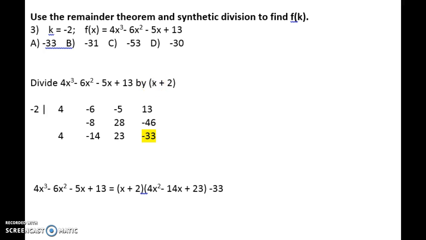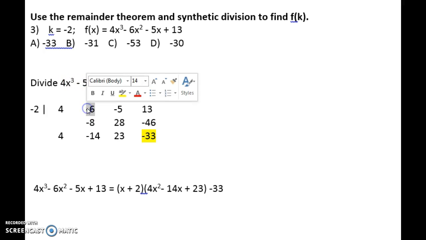And so what you do with synthetic division is you copy down the coefficients from your polynomial. So the 4, the -6, the -5, and the 13. And you'd want to put a 0 in if one of these terms was missing. Like, for example, if we had this, we jump from x to the third, and then there is no x squared.